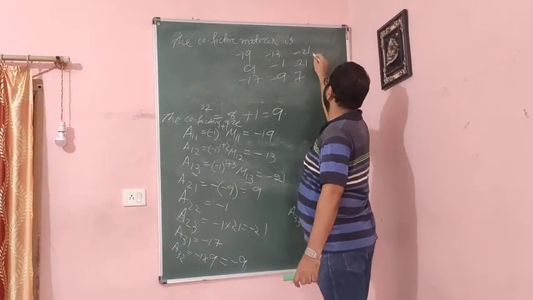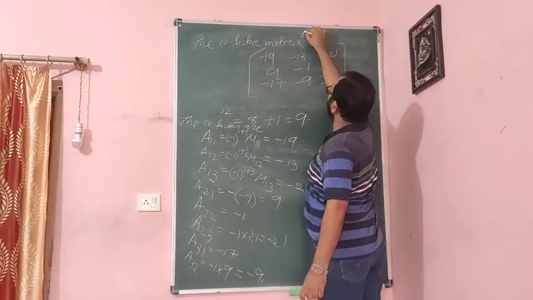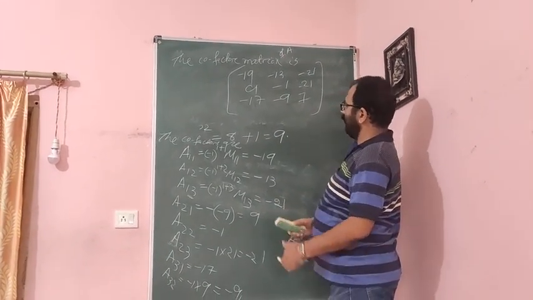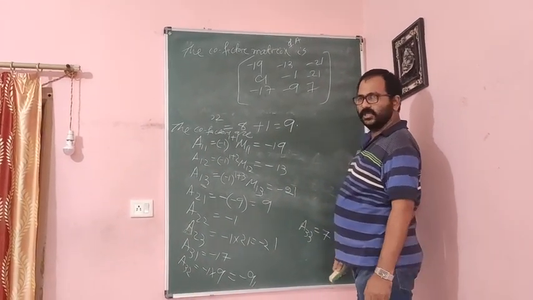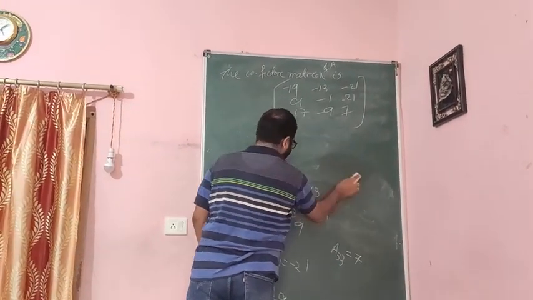This is the cofactor matrix of matrix A. But our aim is to find the adjoint of the matrix. So what is the adjoint? Come here.